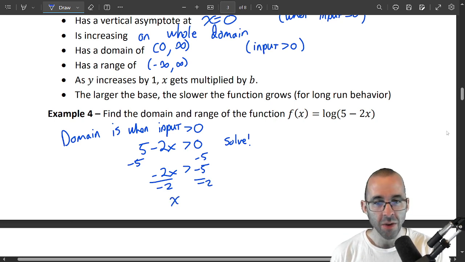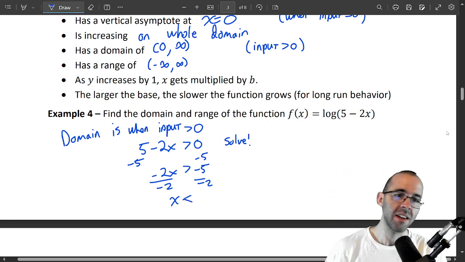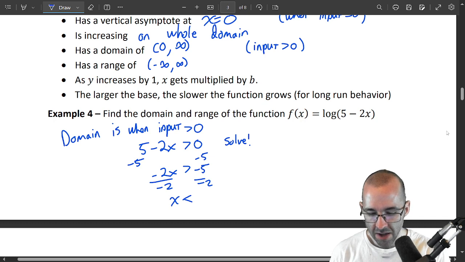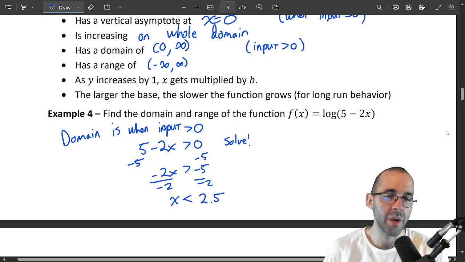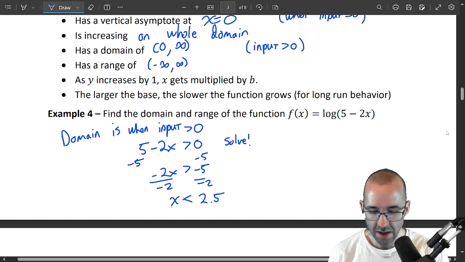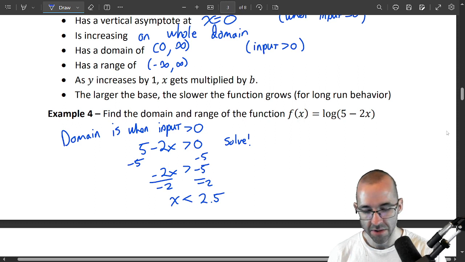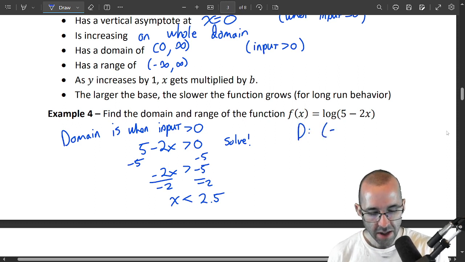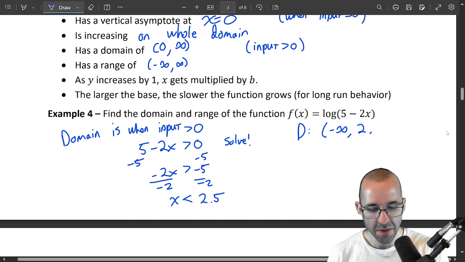And whenever we divide or multiply both sides of an inequality by a negative number, the inequality flips. So negative divided by negative is going to be a positive 5/2, which is 2.5. So the domain is all the numbers that are smaller than 2.5. Our domain is negative infinity, the smallest number we can get, and the biggest number is positive 2.5.